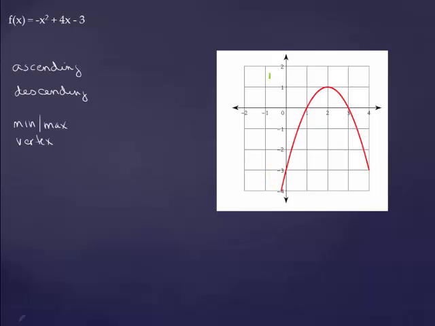So instead of descending first, I'm ascending first until I get to this point here. So this side I'm going up. So I'm ascending from -infinity to +2. And then I start descending, and I descend from 2 to infinity. My minimum and maximum, in this case it's a maximum, is the point 2, 1.